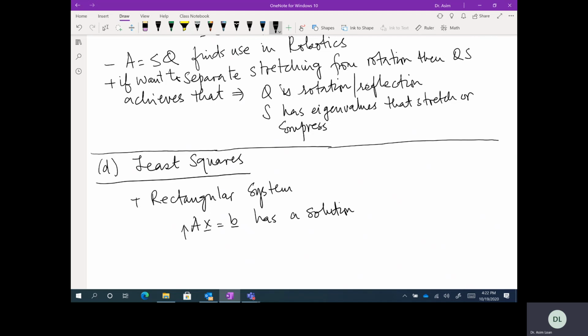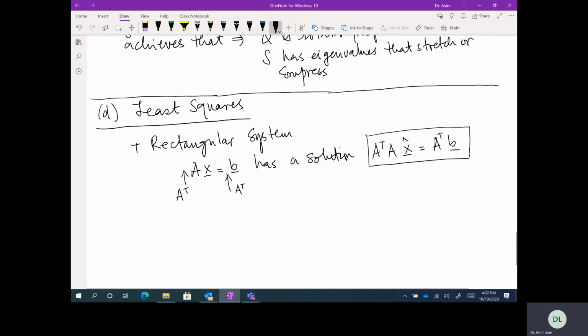If we multiply A transpose here, then we get a set of normal equations, A transpose A, X hat equals A transpose B, I think you put an X hat on top of it, right? So this is a set of normal equations. If we solve them, this is the projection and so on and so forth. Chapter 3, all of chapter 3.